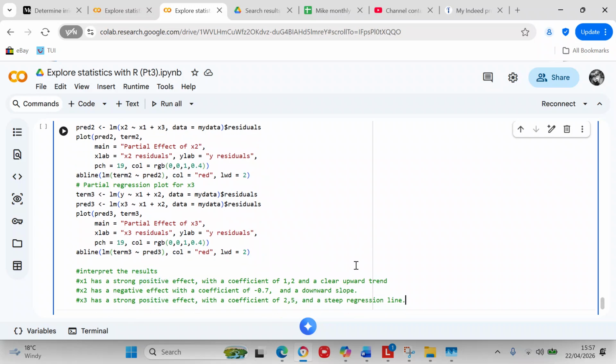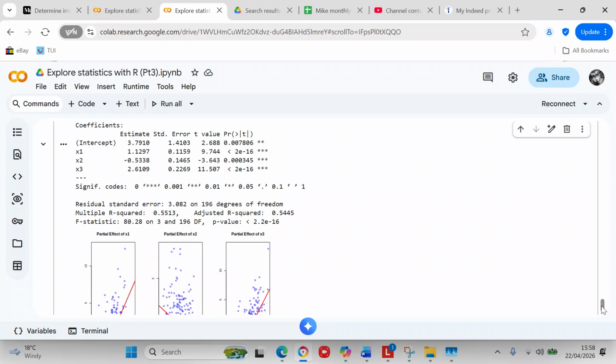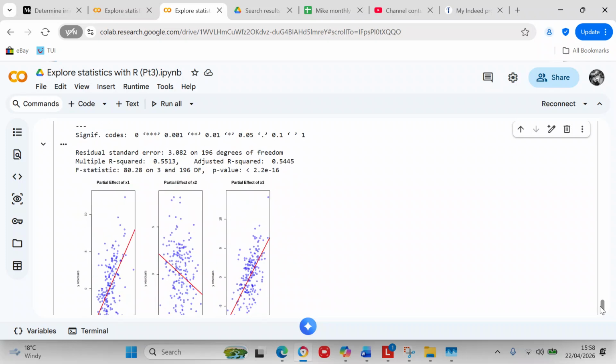And then we're going to show the plot. So this is what we plotted.